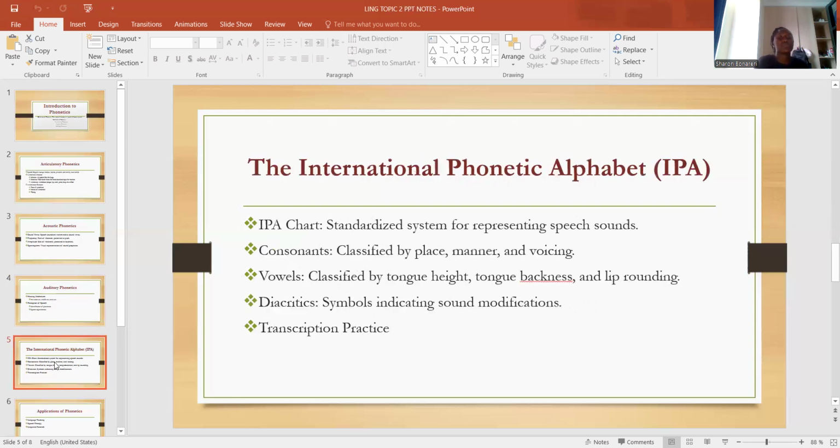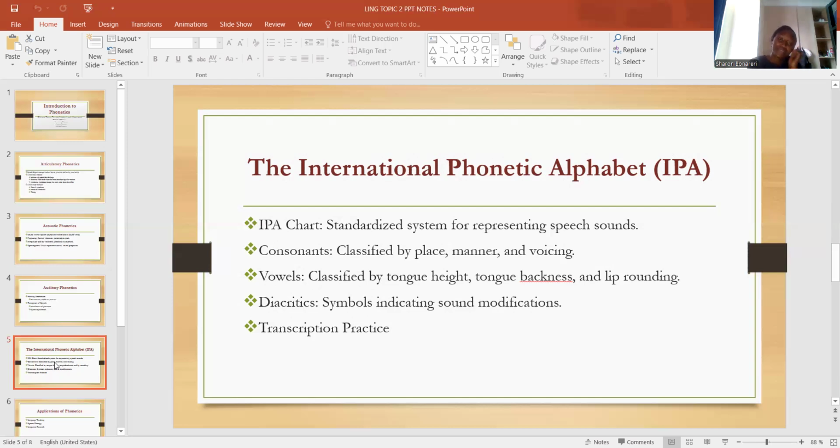And then we go to the International Phonetic Alphabet, the IPA chart. I guess if you are studying linguistics, you've come across this IPA chart.